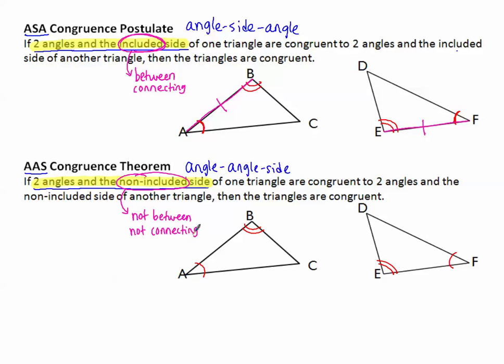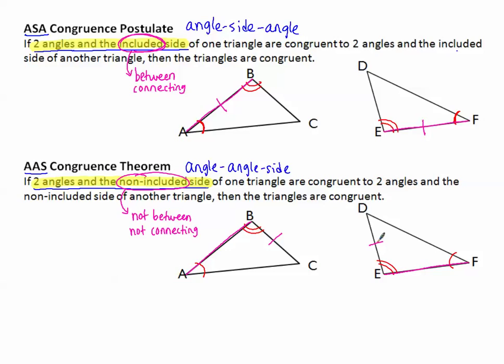So if we look at the side that's connecting from A to B, that's this side. So I need to have marked one of the other sides, such as BC and ED. Notice how this is the side not connecting angle to angle. Therefore, this is a side not between: angle, angle, and a side.